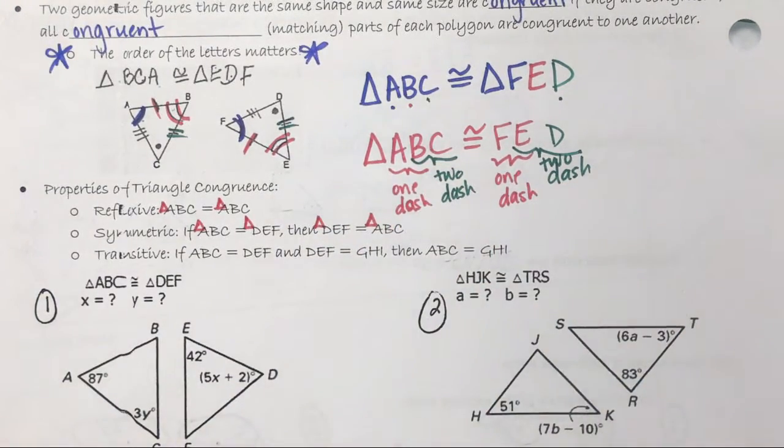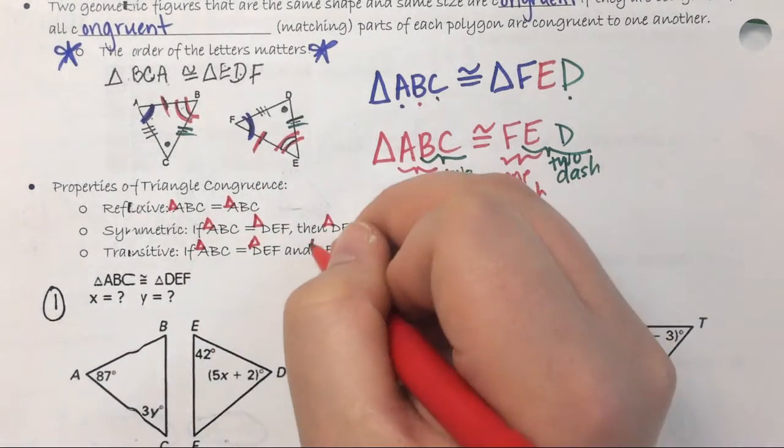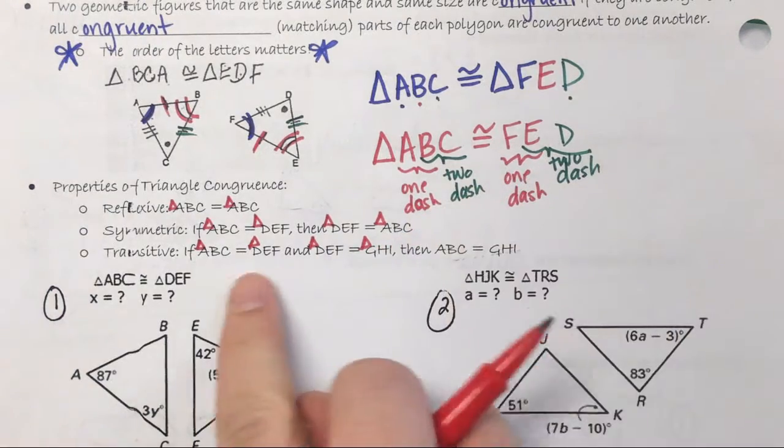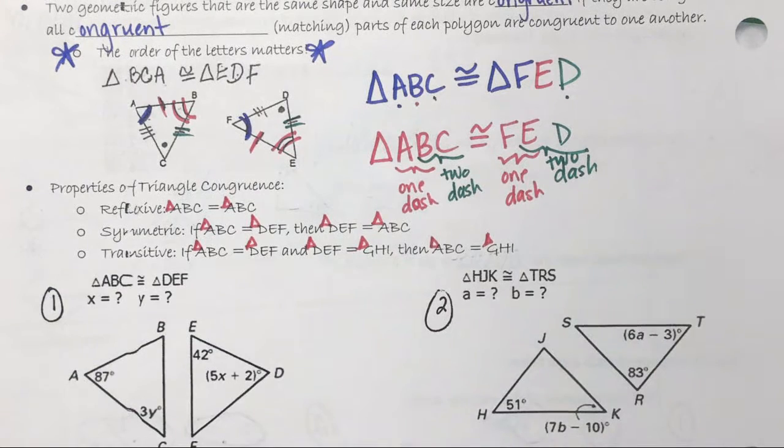That's symmetric, where we just flip them. And then transitive can happen still. We can skip the middleman, which in this case is DEF. So basically, just keep in mind those properties we learned last chapter, they work for triangles, and they're going to work for all shapes. The reflexive, symmetric, and transitive property, they work for everything in math. There's no off limits.